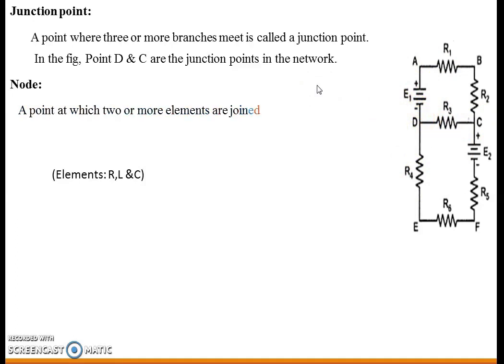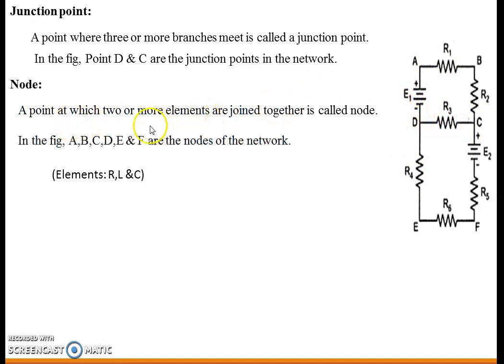Next one, node. A point at which two or more elements are joined together is called a node. Now look at the difference between junction and node. In a junction, three or more branches meet, but in a node, two or more elements meet. Elements are circuit elements. They are resistor, inductor, capacitor. R for resistor, L for inductor, C for capacitor.